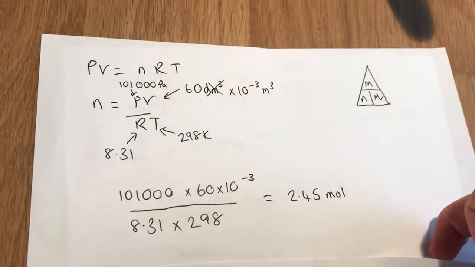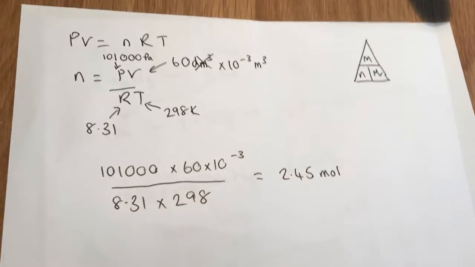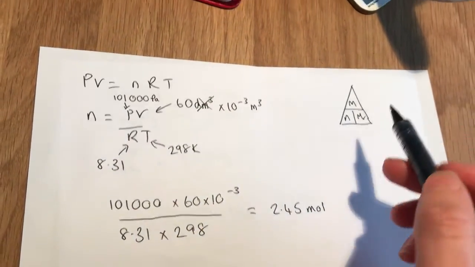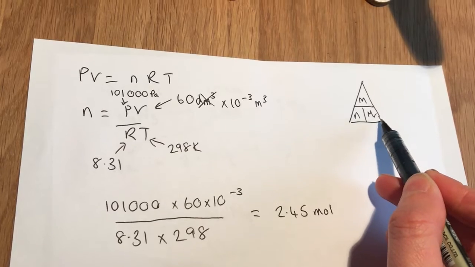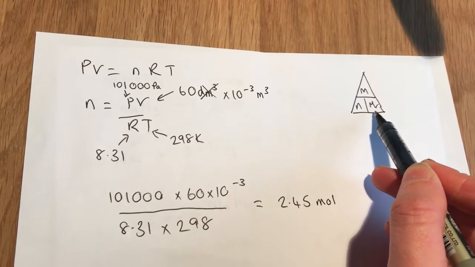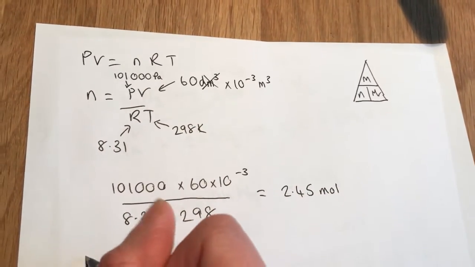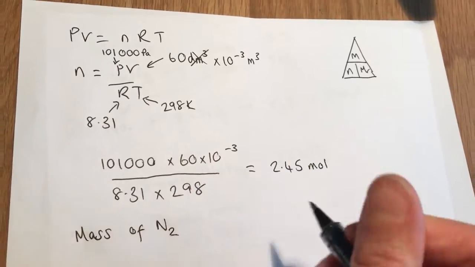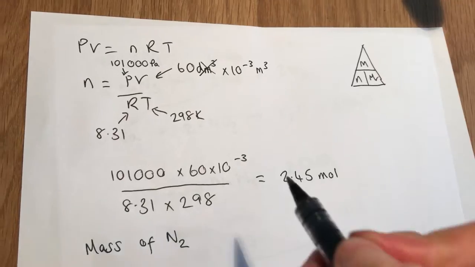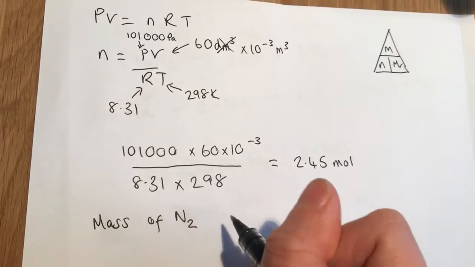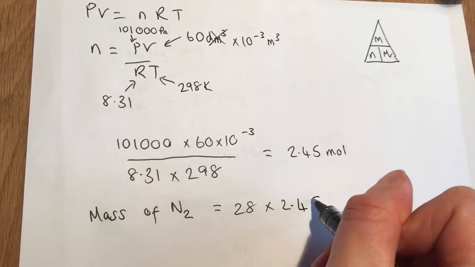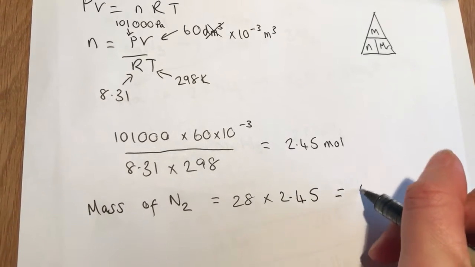From that you can work out the mass of nitrogen. The Mr of nitrogen is 28 because it's N2.